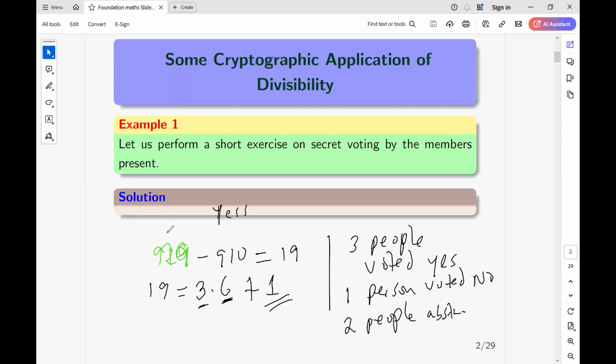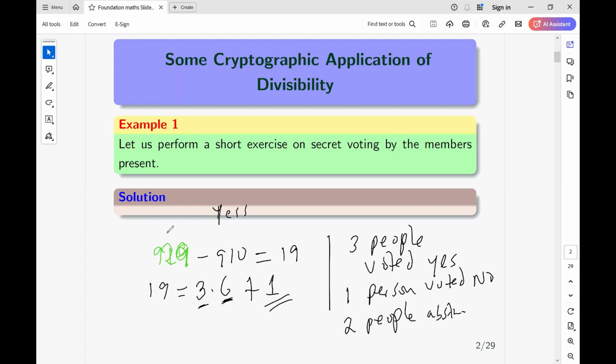If he says the vote he cast, then the third person is able to tell the total he received, how it changed. Because if I gave 910, and he says I received 910 as the secret, and I voted 6, and then the third person says I received 916, which means this person abstained.